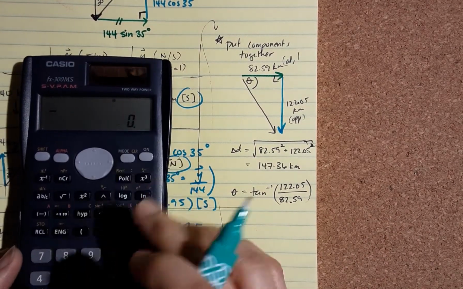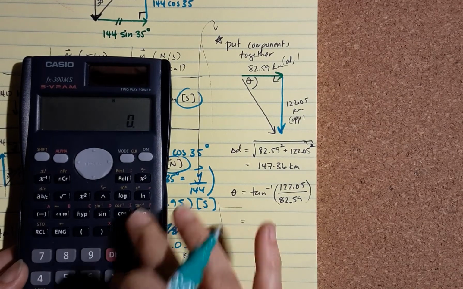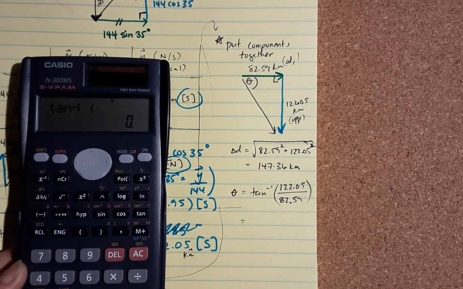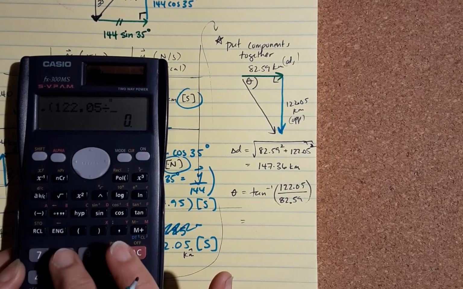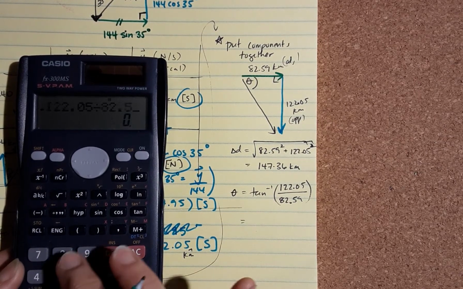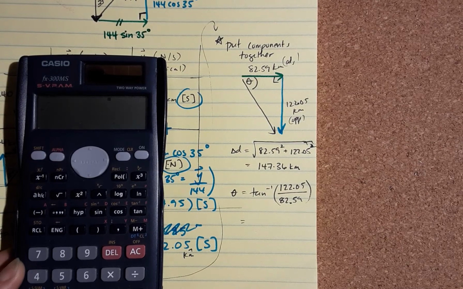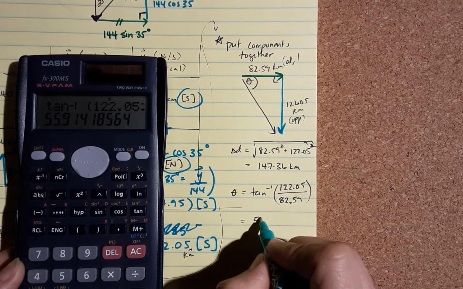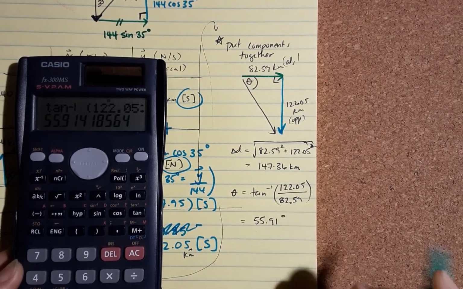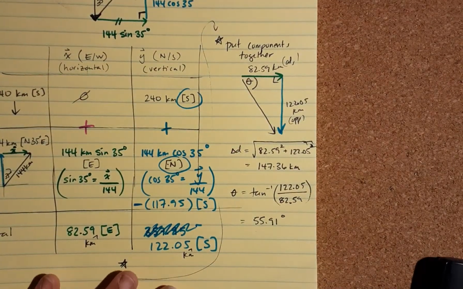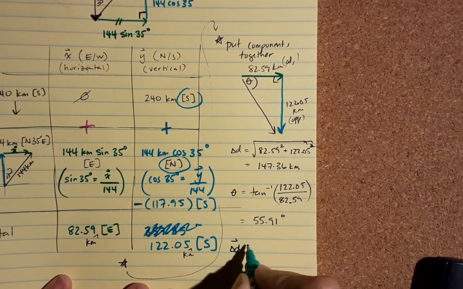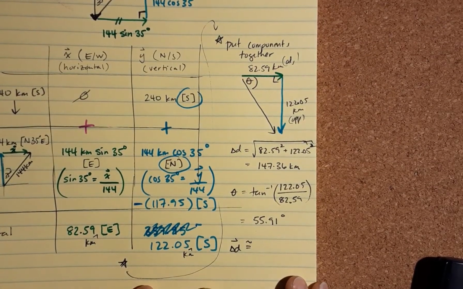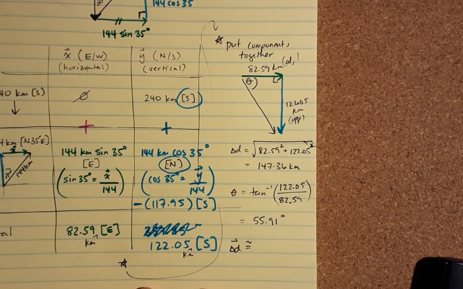All right, so in shift tan, 122.05 divided by 82.59. Make sure I got the numbers right. I hit equals. 55.91 degrees. All right, so let's see if I can squish in my final answer here. Approximately. Now, look back, 2 significant figures is what I can have.